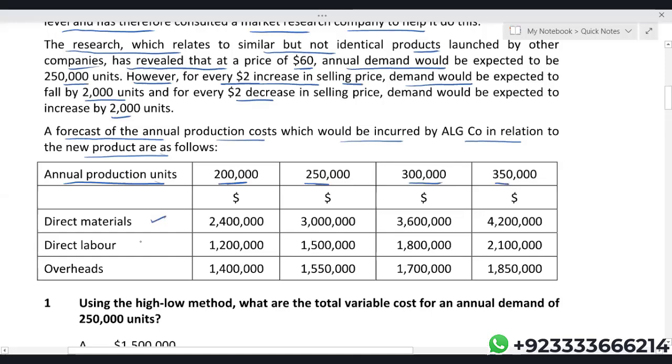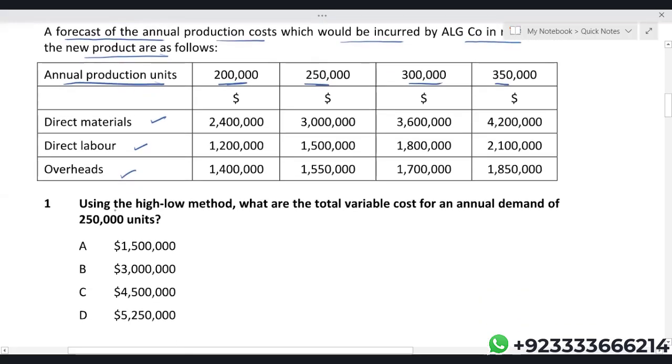We have direct material, direct labor cost, and overheads as well. Using the high-low method, what are the total variable costs for an annual demand of 250,000?